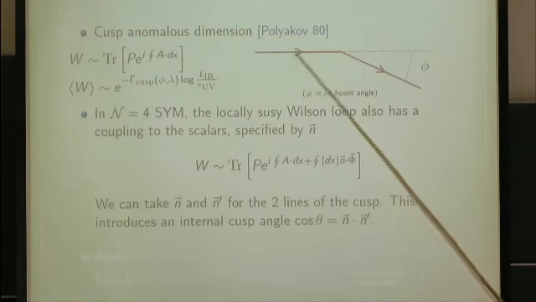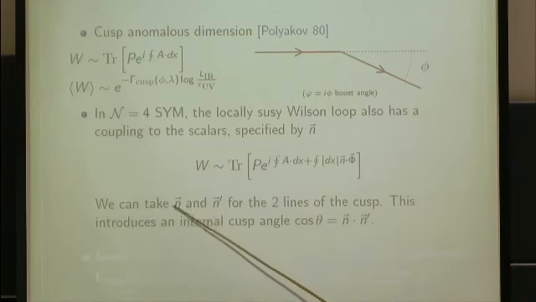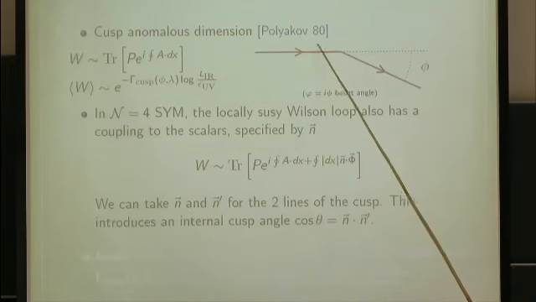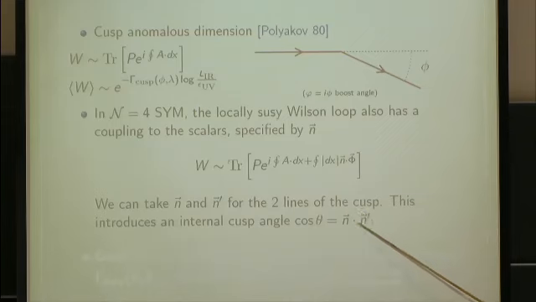So we are going to have these two half lines with an angle. In principle we can take n to be constant, but different on this half line and on the other half line. By picking two different constant vectors, we can define a second Cusp angle, and we can refer to this as an internal Cusp angle.